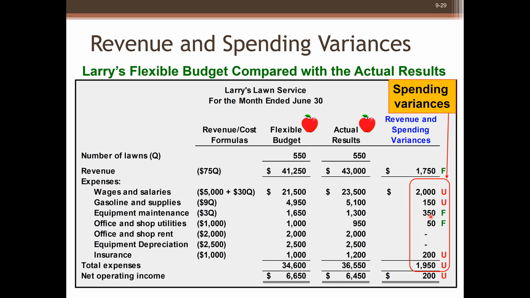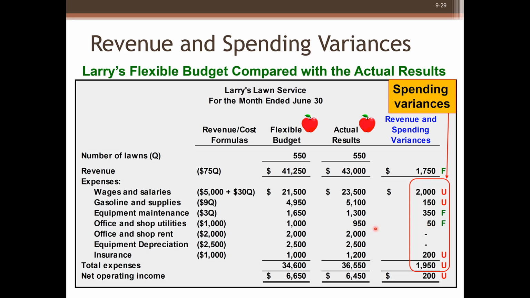Equipment maintenance spending variance is favorable. That's because Larry has delayed maintenance in order to get the extra edging and trimming work completed. Fixed cost variances are not the result of increased activity. Theoretically, they're constant, not sensitive to the change of level of activity. But here, office and shop utilities spending variance is favorable.